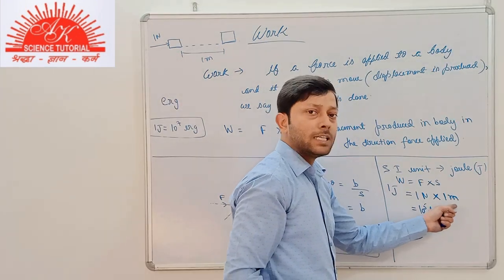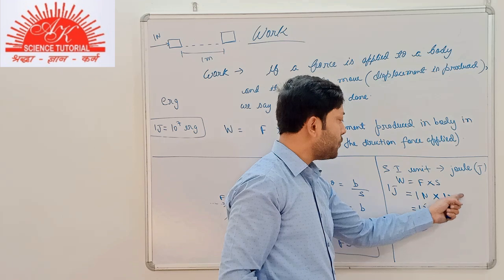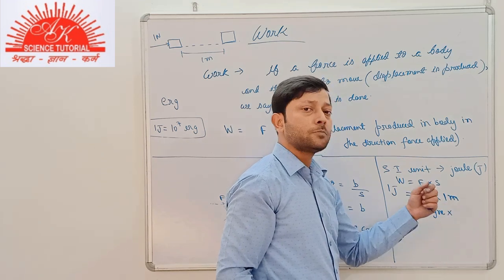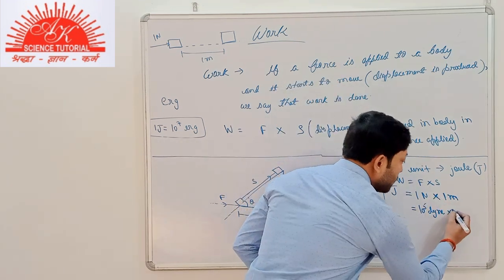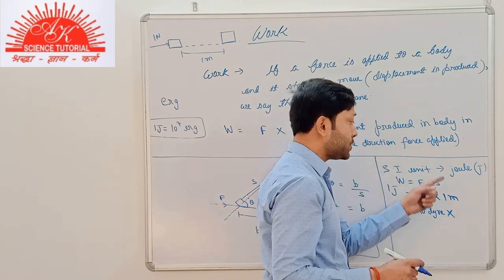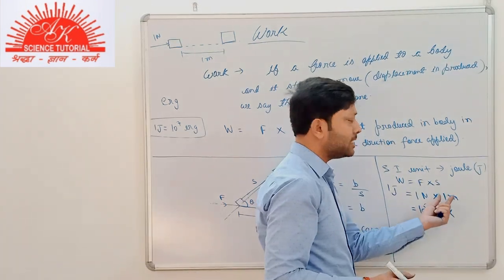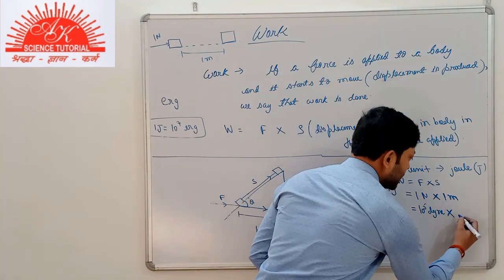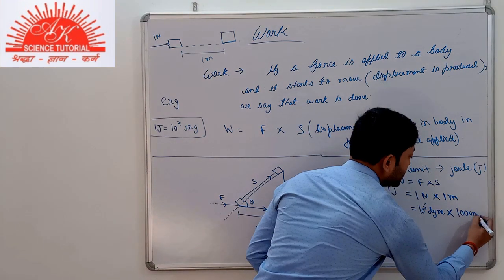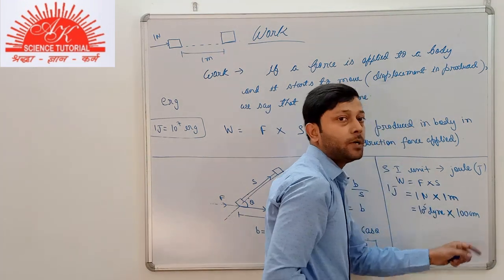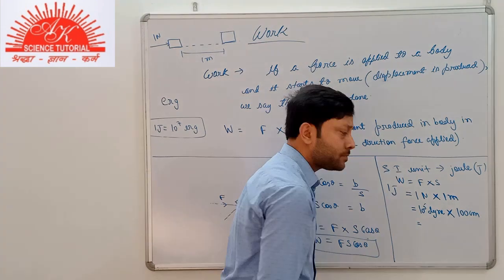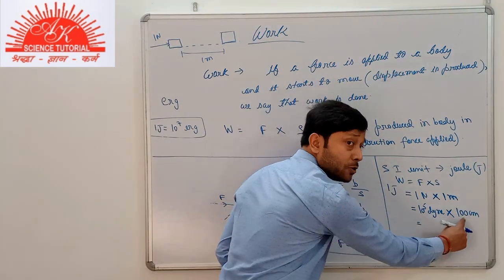And what about displacement? For displacement we have the SI unit, that is meter, and we will use here the CGS unit of length, that is centimeter. So 1 meter is equal to 100 centimeter. What do you observe? 10 to the power 5, 10 to the power 2.